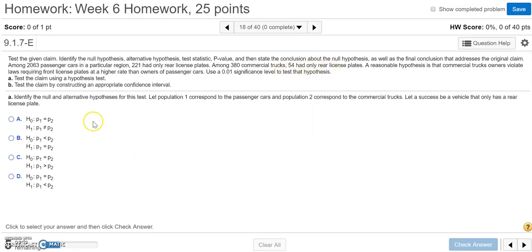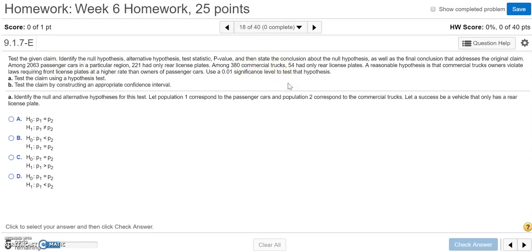So first, we're going to identify the claim. Based on the information we were given, these two proportions, right? 221 out of 2,063, and then 54 out of 380. This was giving us the proportion of either passenger cars or commercial trucks that had only rear license plates.